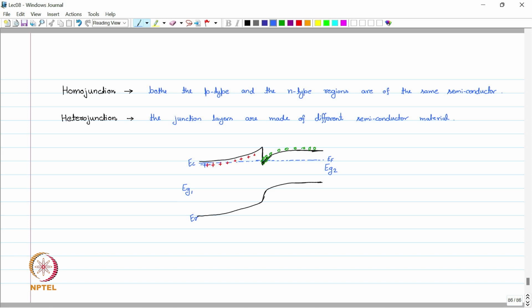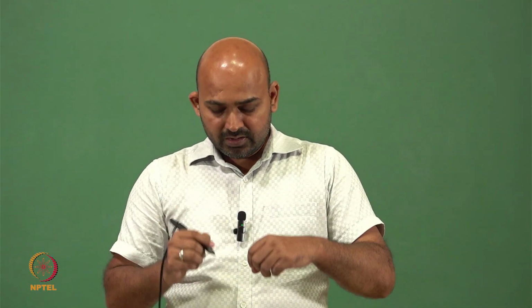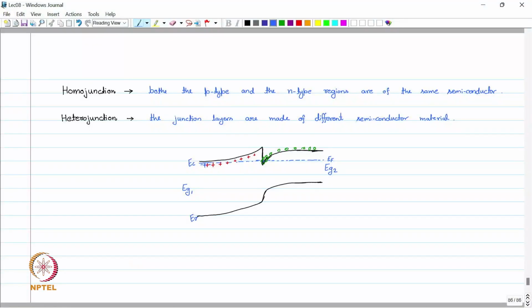Now in this energy band diagram, if we see carefully, the Fermi level is flat, and when we join these two different materials together, in the conduction band there is a notch. The minima of this well is coming below the Fermi level EF, the dotted blue line.